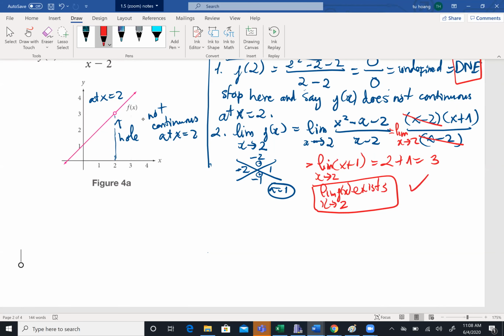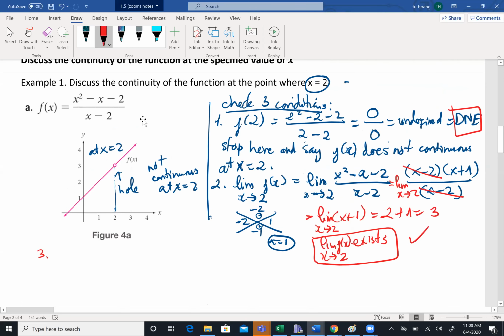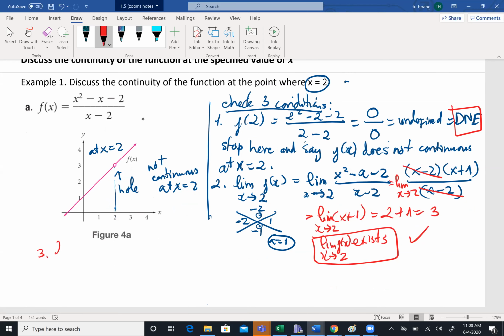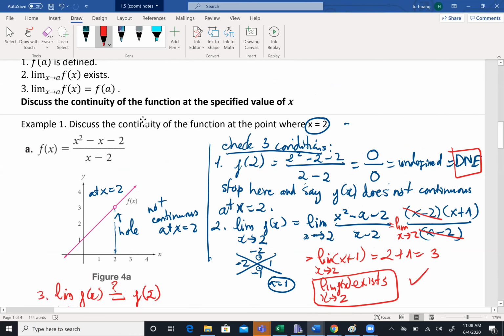Now I'm going to check the third one. What is the third condition? I need to check if the limit of f(x) when x goes to 2 is equal to f(a), which is f(2) here, right?